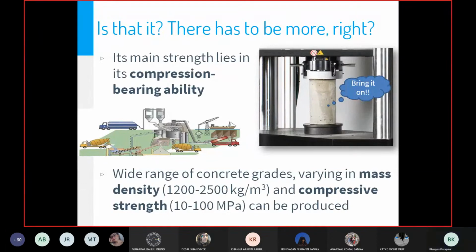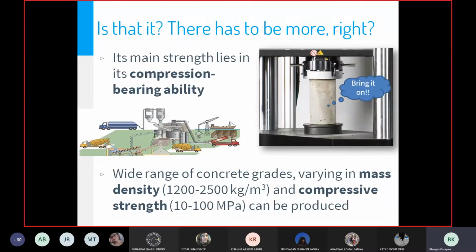Now, in normal structures, one or two storied structures, the grade of concrete that is commonly used is M20, M25. In very high-rise structures, in most of the structures that we do, which are more than 60, 65 levels, we normally start with M70 or M60 grade of concrete.